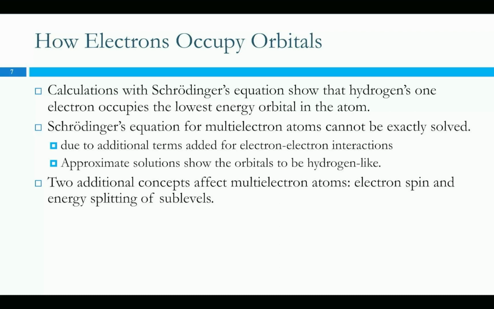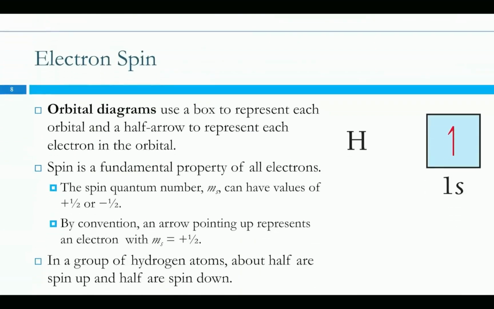So when we have multi-electron atoms, the reason this equation doesn't work is because there's electron spin and because of energy splitting of sublevels. So once you start packing all these electrons in next to each other, the simplest models would say that they don't interact, but they do in fact interact because they're negative charges. And so their wave functions interfere with each other to cause splitting and electron spin and these other observed properties.